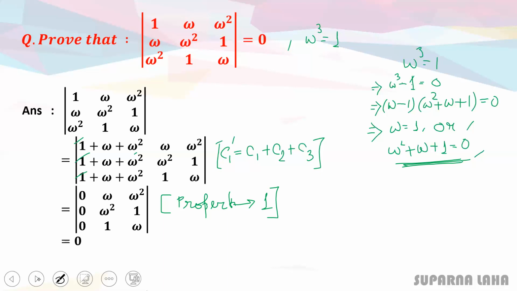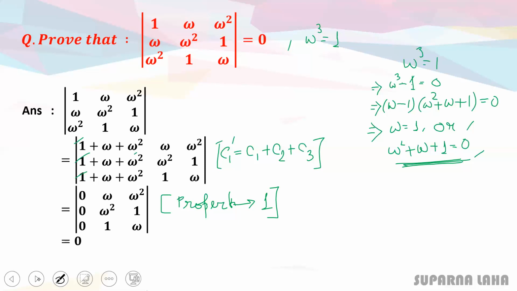So its determinant is also 0, since one of these 3 columns is totally 0. So the determinant value is 0. Without expanding, we can find the determinant value, and I think this is much easier than expanding any determinant.